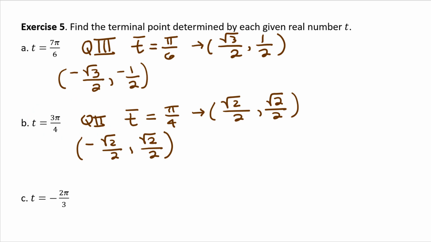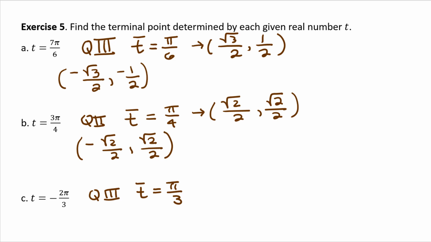And C, t equals negative 2 pi over 3. Again, in the previous exercise, we determined that this number lies in the third quadrant, and the corresponding reference number is pi over 3.